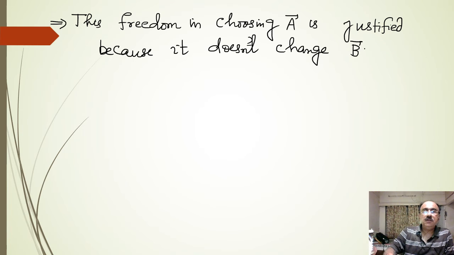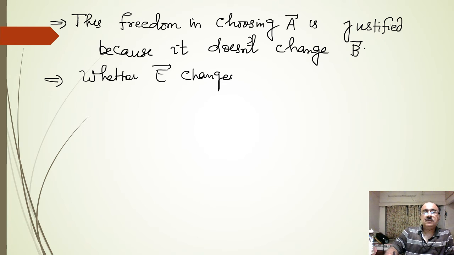But what about E? Whether E changes, we will have to check, because you cannot leave E as a changed quantity. So E is minus gradient of phi minus del A upon del t.